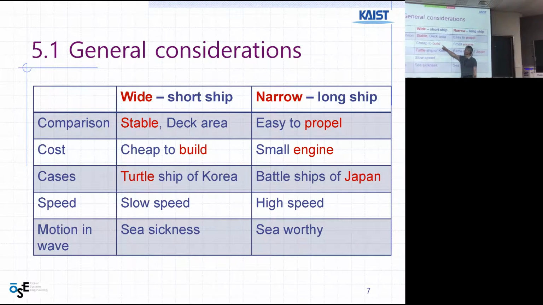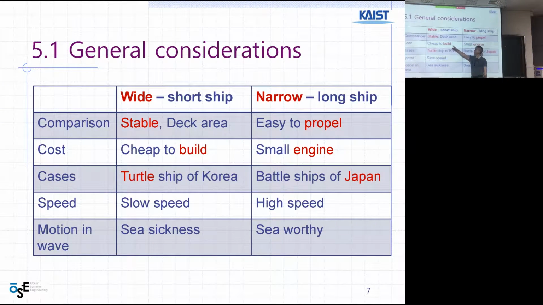Cost-wise, this is easy to build. It is flat and round, but there is no engine. But I'm talking about the power. Small power is required, or faster, or small power. So it comes together: slow speed for this one, and high speed for this one.